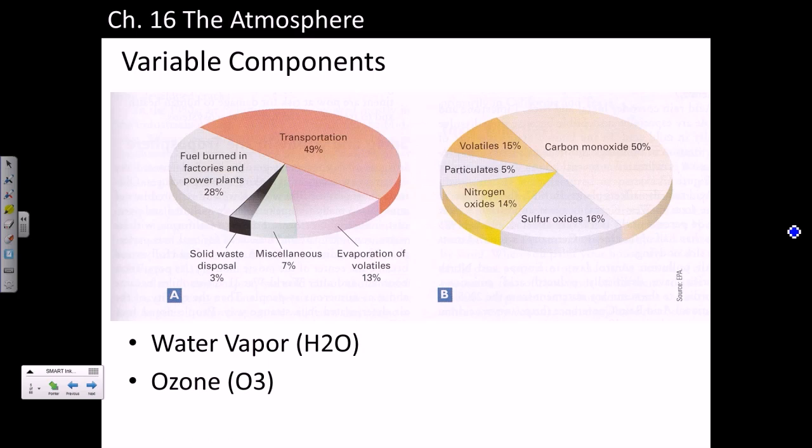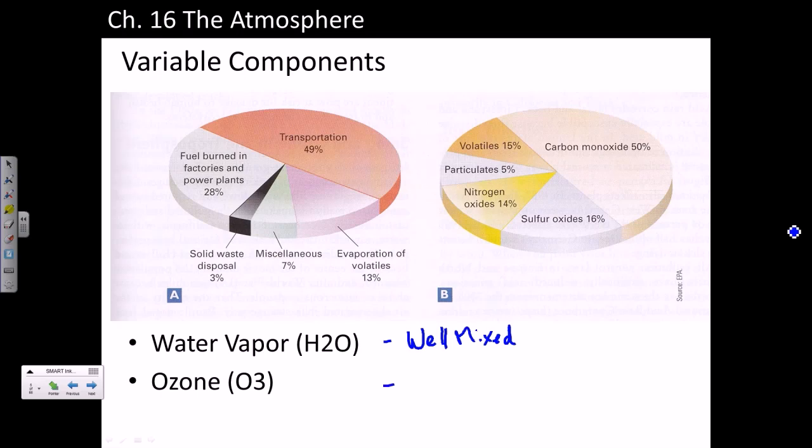The major and trace components are what I'll say are well mixed throughout the atmosphere, and so we don't necessarily expect there to be much difference in, let's say, nitrogen or oxygen levels between Illinois and Texas, right?